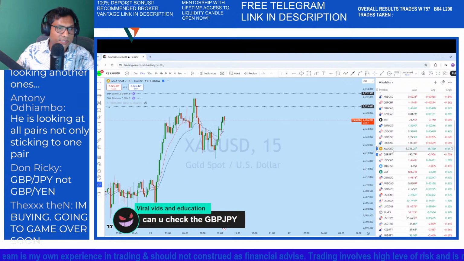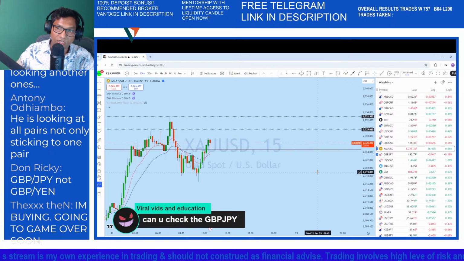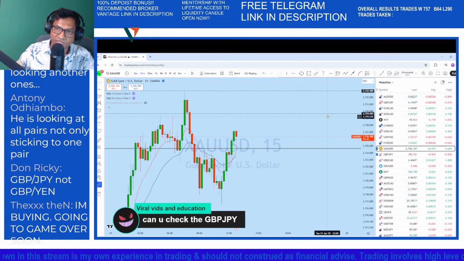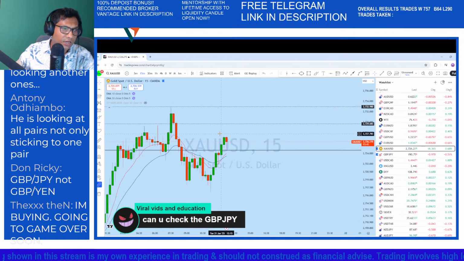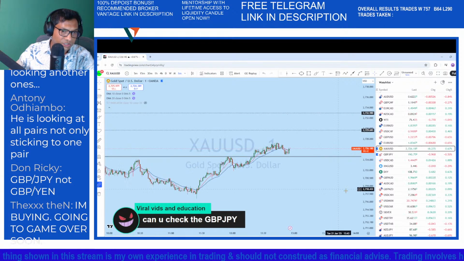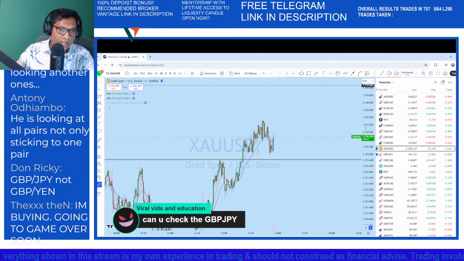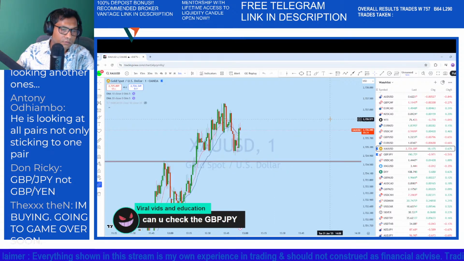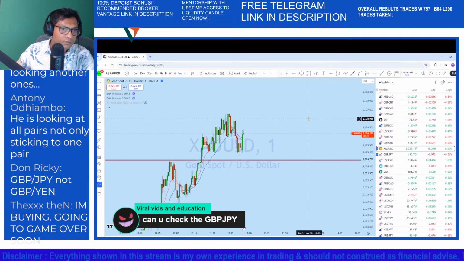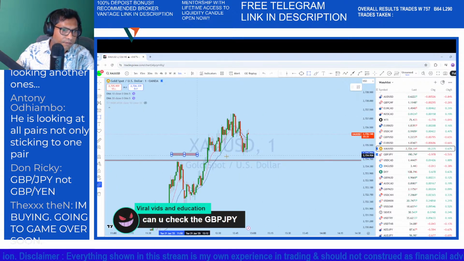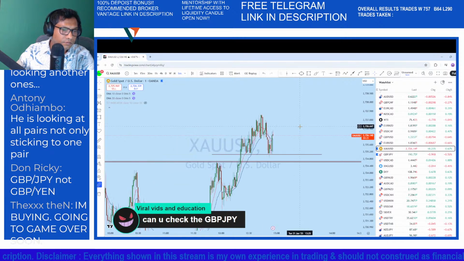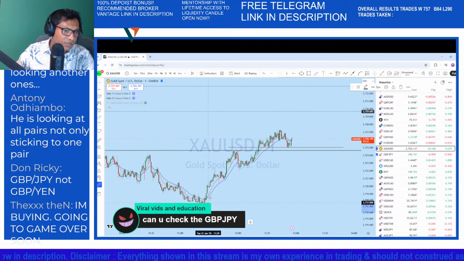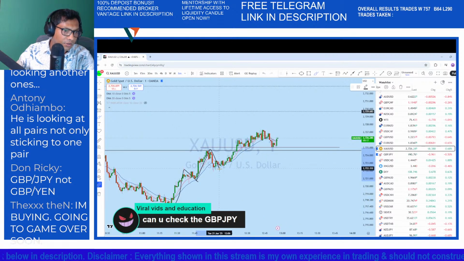And on XAUUSD, along with GBPJPY, we are checking the gold as well to find further entry opportunity. The market trend is up, so we will be looking to see entry opportunity on XAUUSD as well. Here you can see the market is potentially bullish from here. And this is an important level of support. Okay, so you can see this is an uptrending market structure, an impulse, correction, impulse, deeper correction.